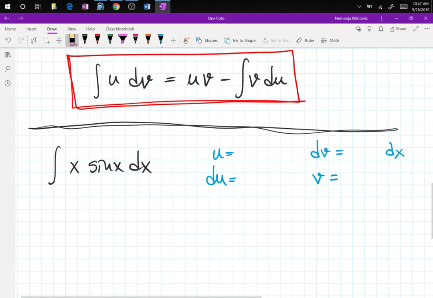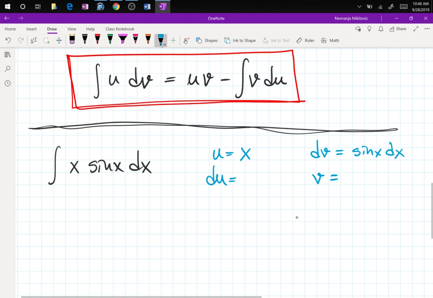So to solve this problem, I am going to start and say u is x, and dv is sine x dx, which is the rest. Is this always this way? No, it depends on the problem, depends on types of functions you have and a whole bunch of stuff. So this particular problem is solved this way. If you had a cosine, it will be solved the same way. If it's e to the x, solved the same way. Other functions, different.